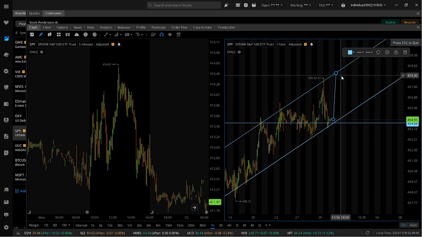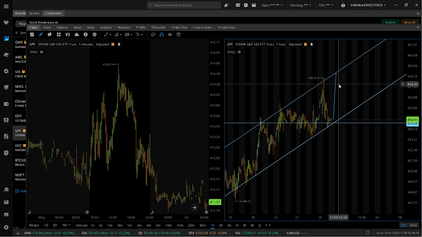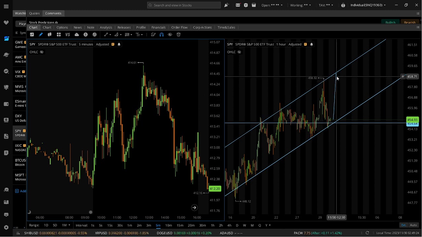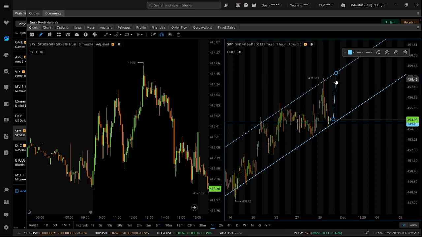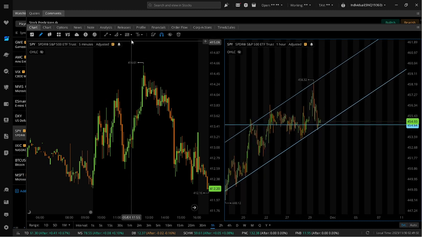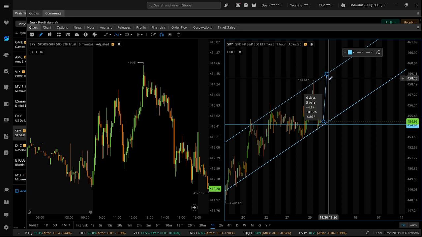And the tough thing about this, and what I've learned after my mistakes tracking this, is it doesn't matter how much higher the higher high is. It could be a cent, and the reason to break down would be there, right? The top here is 458.32, so it could come up just above that and break down.